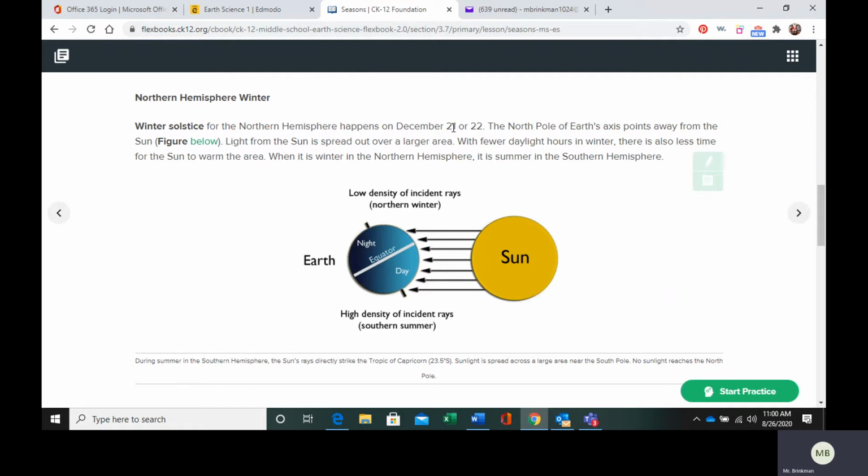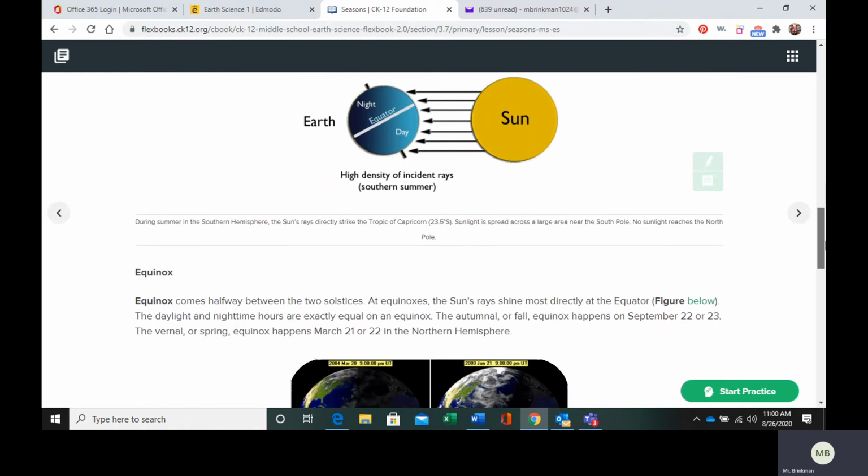The North Pole is going to be facing away from the sun, and the southern hemisphere is going to be more toward the sun, closer to the sun. So it is going to be getting more direct sunlight. Okay? And in winter, there are fewer daylight hours. And then in the summer, there are going to be more daylight hours.